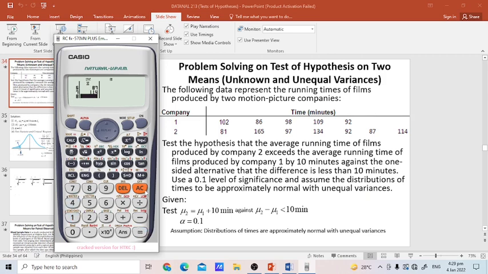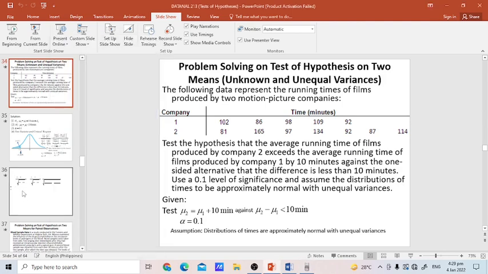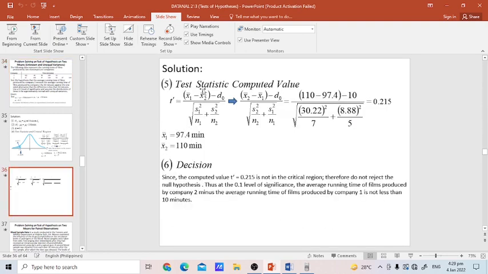So we have that, shift 1, then 4, then x bar, 110 minutes. So we get 110 minutes.